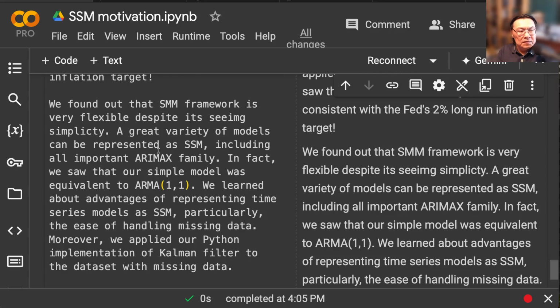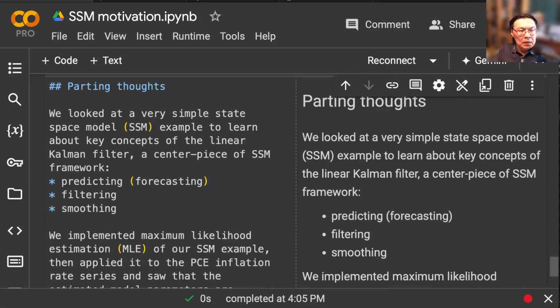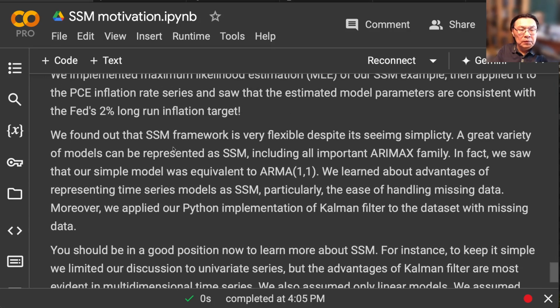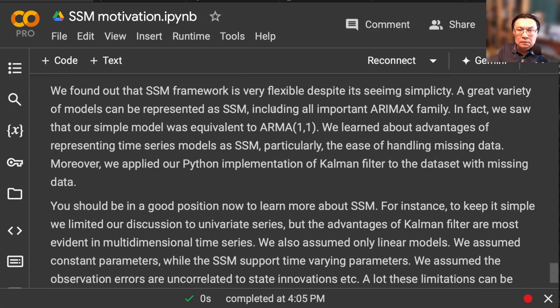And then we found out that, oh, wait a second, the state space model framework is very flexible and can be used to represent a very big variety of different models. We didn't look at all these different models, but we looked in particular at ARMA(1,1), and we learned that our model actually is ARMA(1,1).